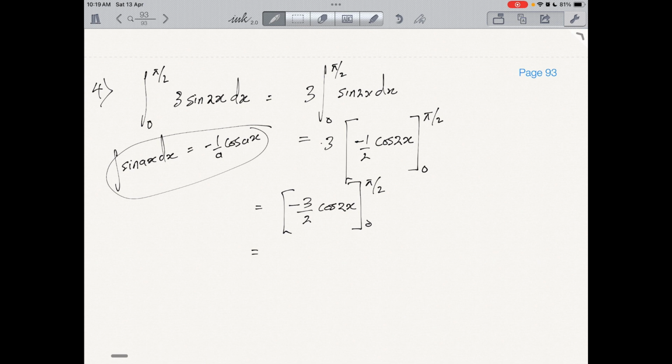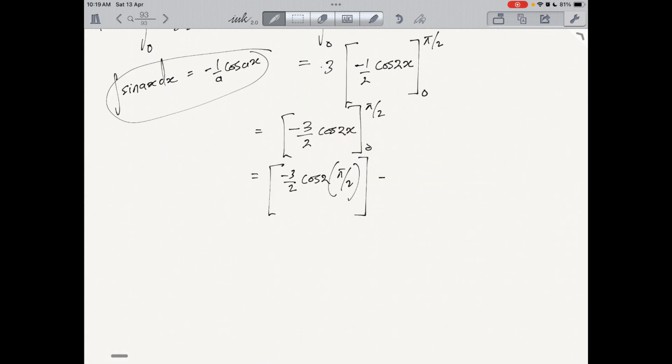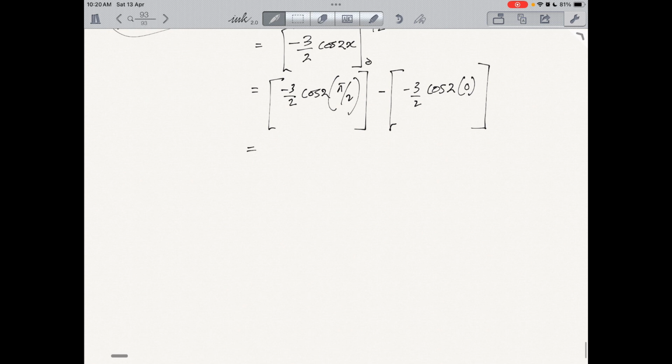So let's substitute our upper limit. So we have minus 3 over 2 cos 2 into pi over 2. And then let's substitute our lower limit. And that is minus 3 over 2 cos 2 into 0. Having done that, we simplify further. This will give us minus 3 over 2 cos pi minus, minus 3 over 2 cos 0.